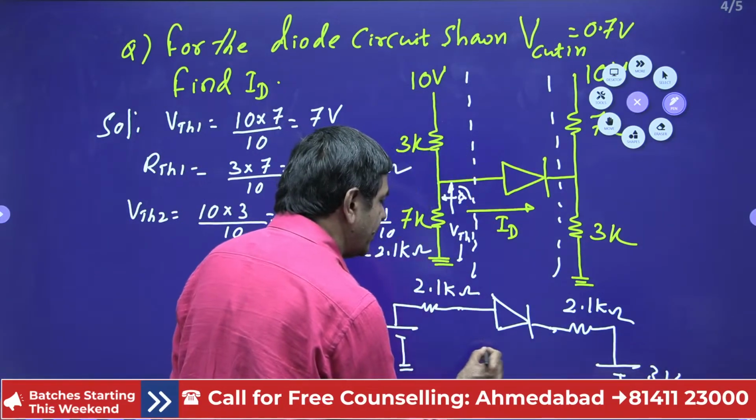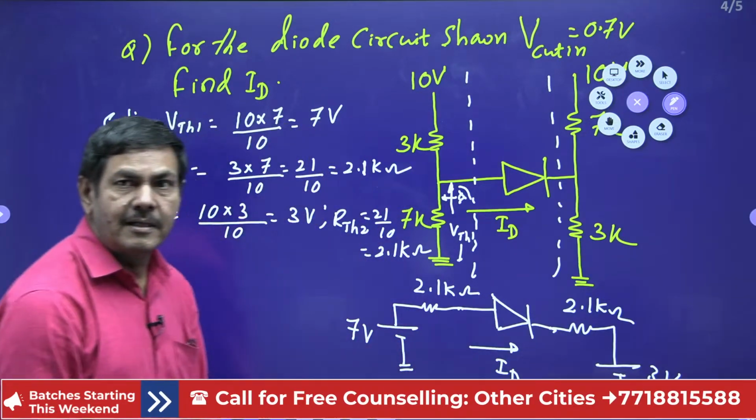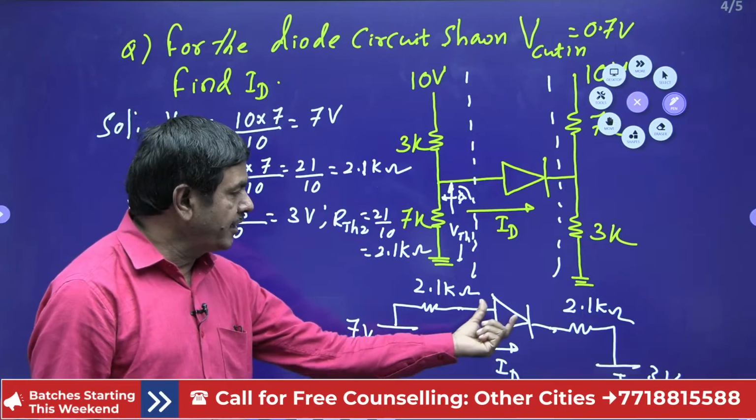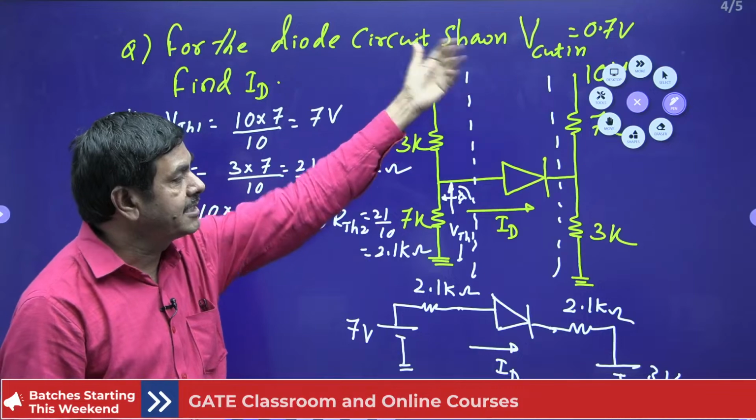But I am in need of this current ID, the diode current. Now it is very simple. Is the diode ideal or non-ideal? Non-ideal, cut-in voltage 0.7 given.